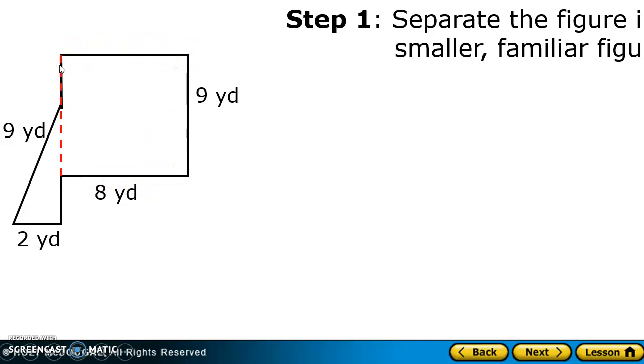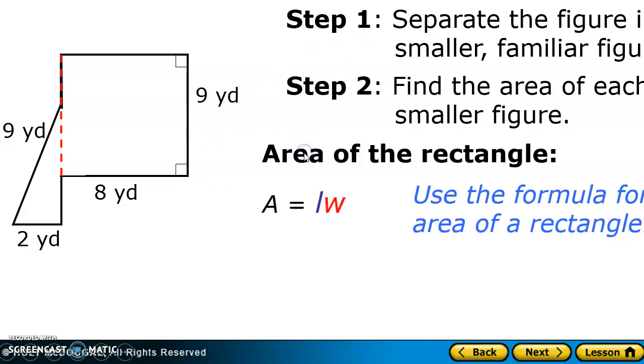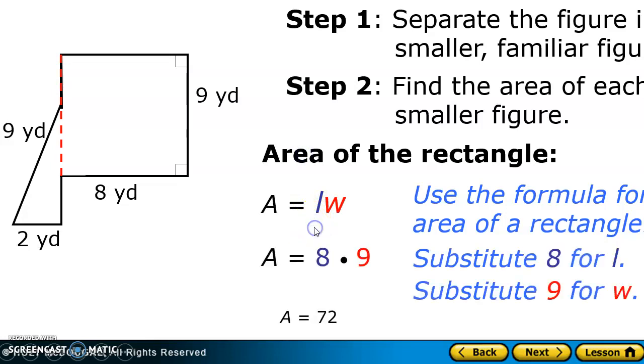It looks like a square, but it's a rectangle because it's 8 by 9, not 9 by 9. So if we look at the rectangle, we're going to take length times width, which is 8 times 9, and we get 72. So the area of this portion is 72 yards squared.